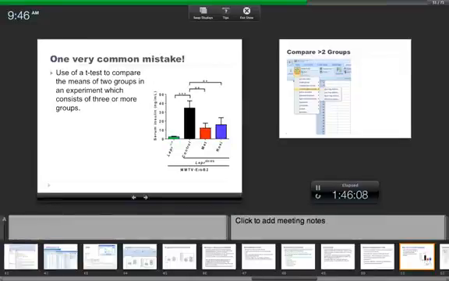Now, here you have this experiment, 1, 2, 3, 4 groups. If I want to say that this group is significantly different from this group, a t-test is not the appropriate test, because the experiment is done with 4 groups, not 2 groups. In this situation, you need to use the one-way analysis of variance.